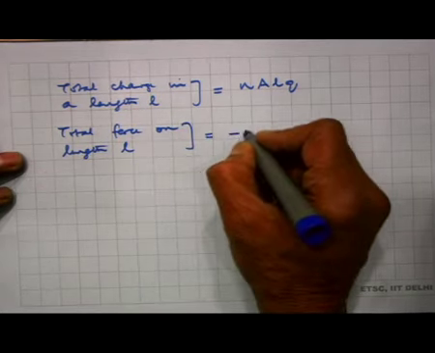where L is a vector which is actually L sin phi i cap plus L cos phi k cap.